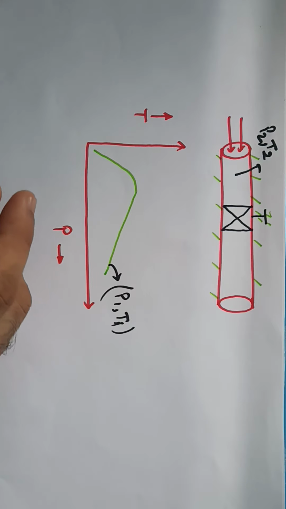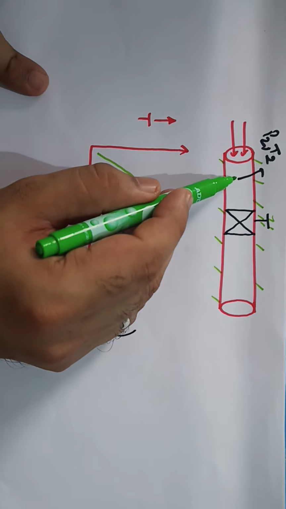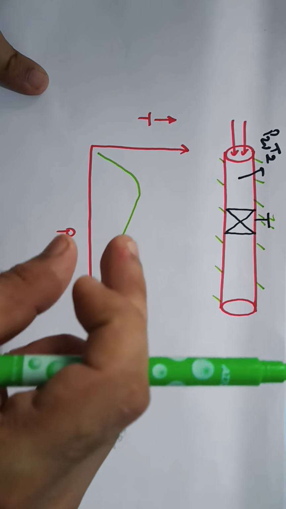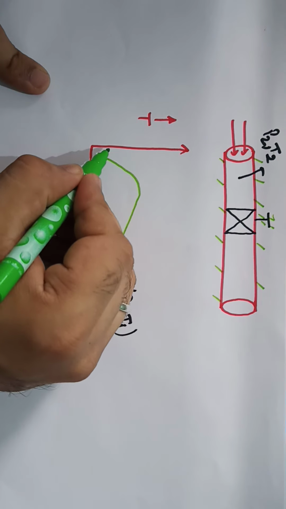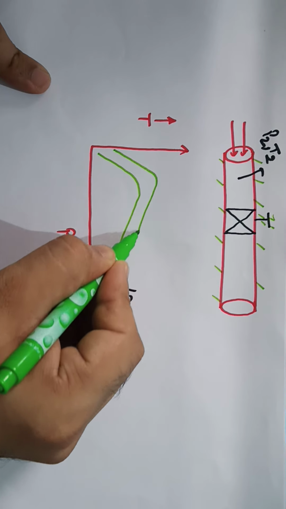And if we do the same experiment for the inlet conditions of P2 and T2, we'll initially keep the valve at closed position and then keep on opening it slowly. We'll again obtain a similar kind of curve.